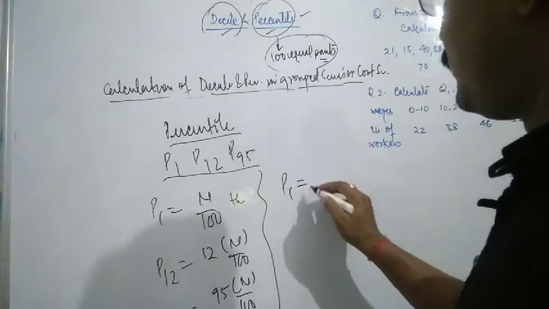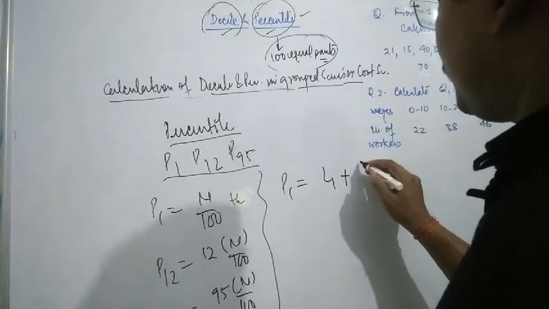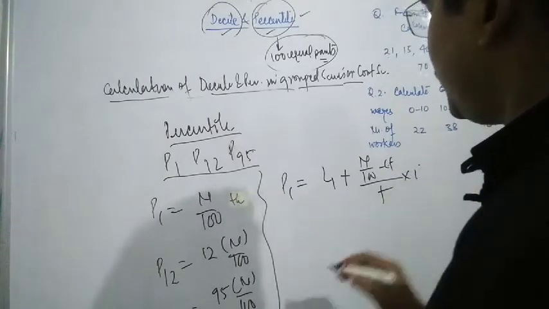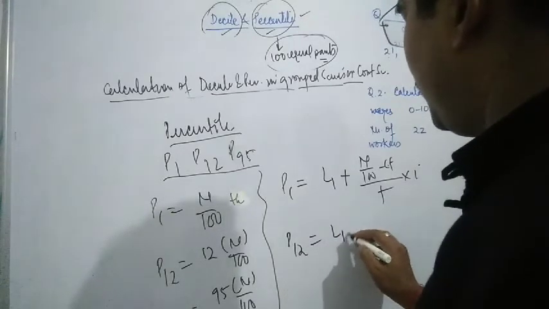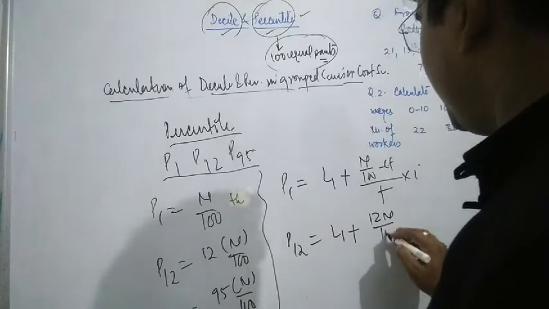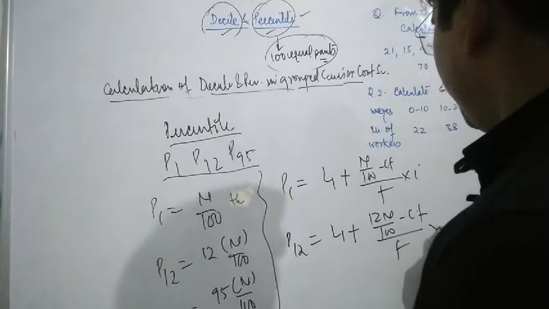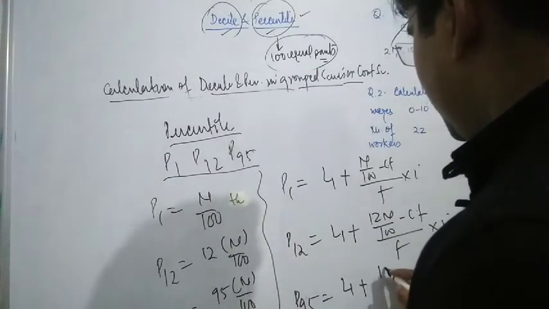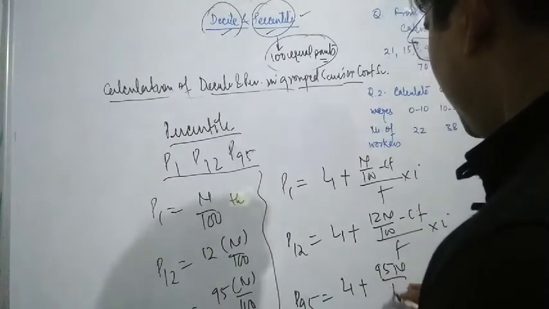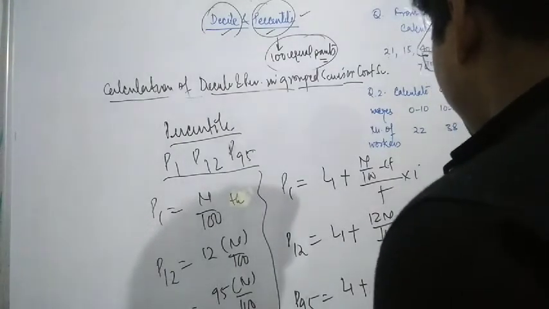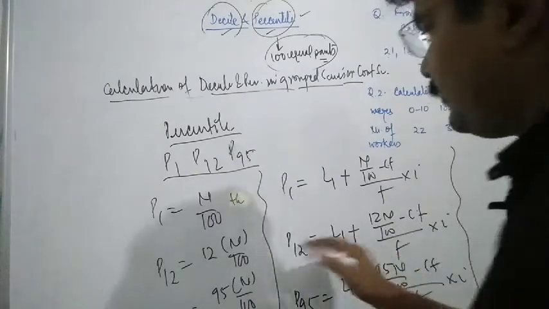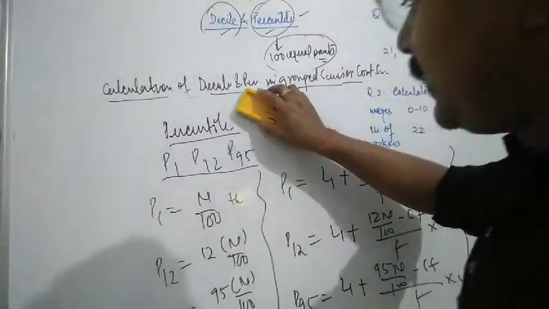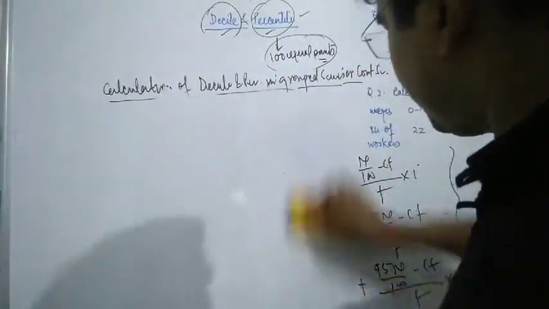The formula would be L1 plus n upon 100 minus Cf upon F into I. For P12 it is L1 plus 12n upon 100 minus Cf upon F into I. For P95 it would be L1 plus 95n upon 100 minus Cf upon F into I. So this is the formula through which we can calculate the percentile values. Now let us take an example, then we will be able to understand these various formulas.